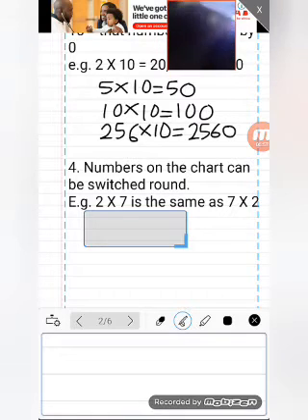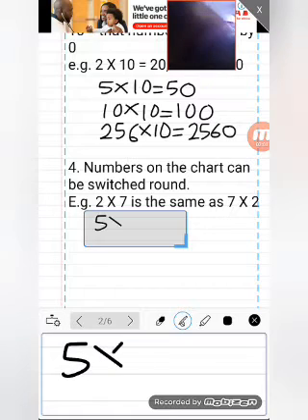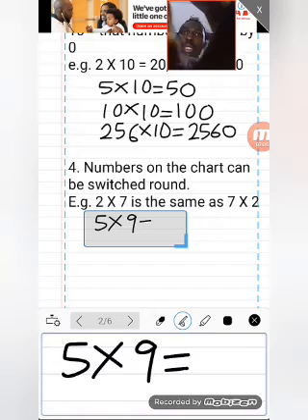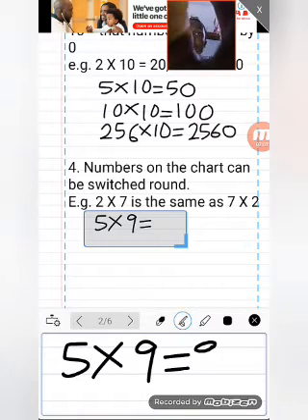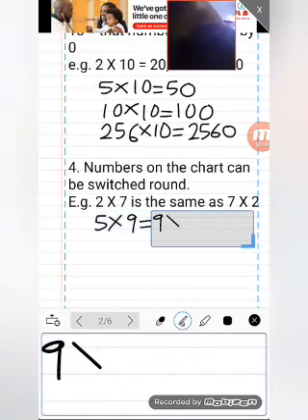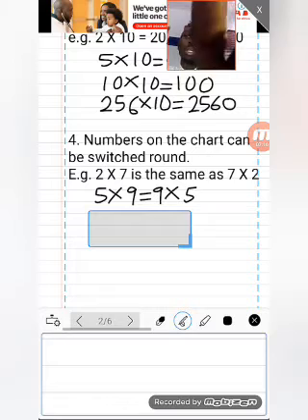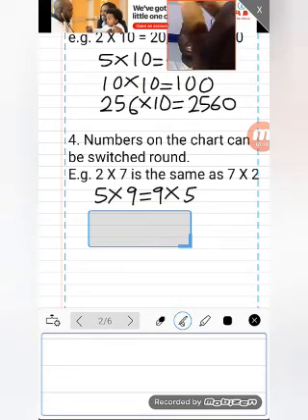Same thing, let's say you have 5 times 9. 5 times 9 will give you the same thing as 9 times 5. Yes, that is how multiplication is. It's the same number no matter how you arrange them.